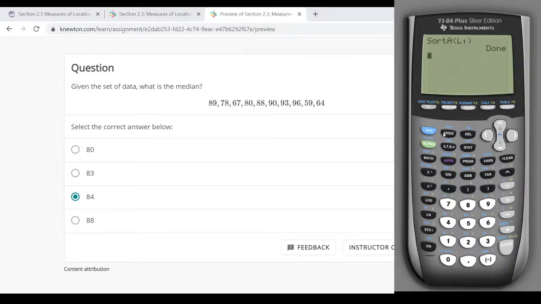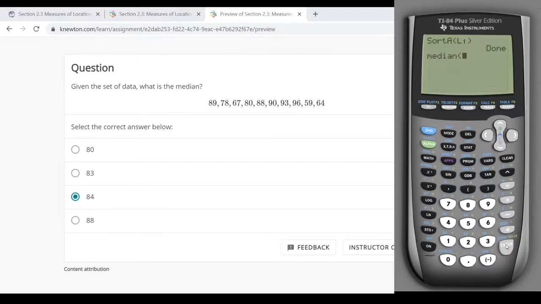Or you can have the calculator find the median of a particular set of data for you. If I have a list of data, above the stat button you see it says list. You can do a lot of things with your lists of data in this list menu. You go to list and then over to math, and then you see down number 4 it says median.